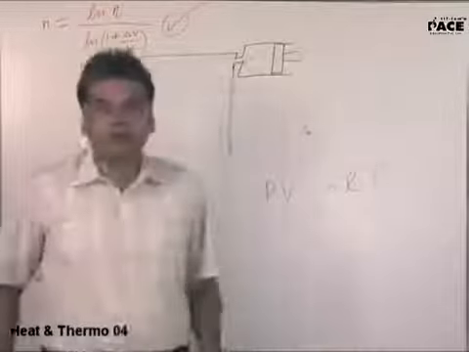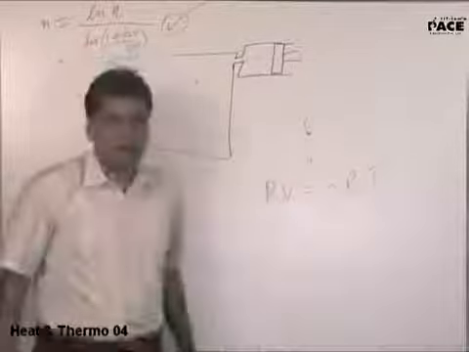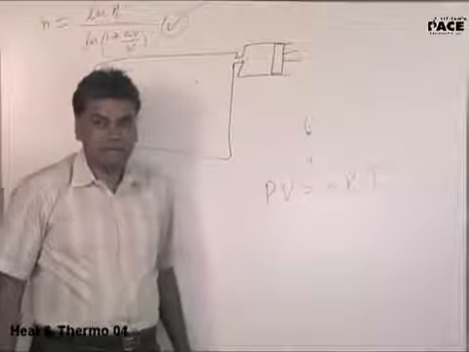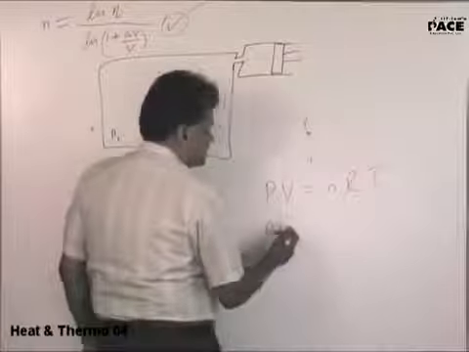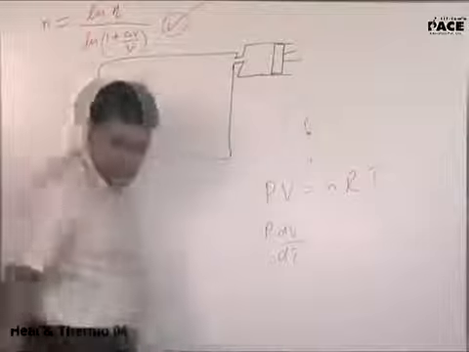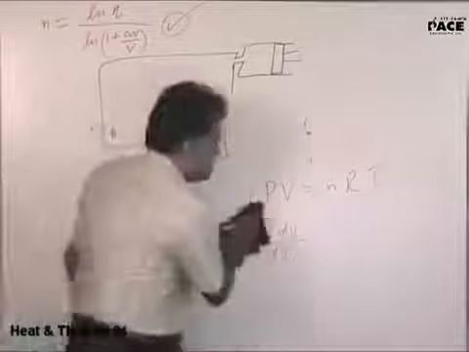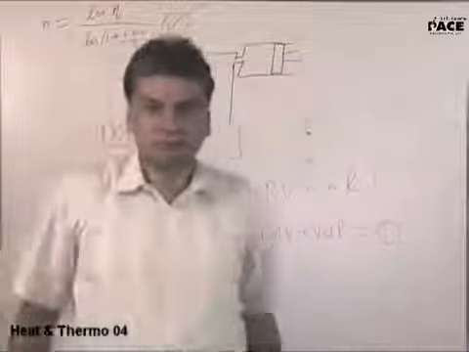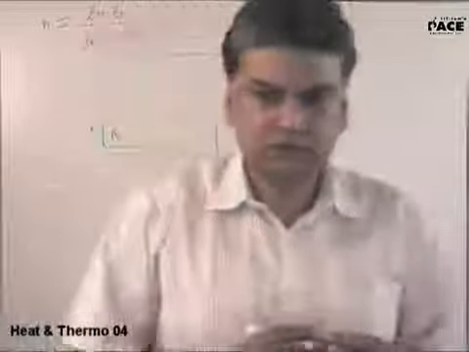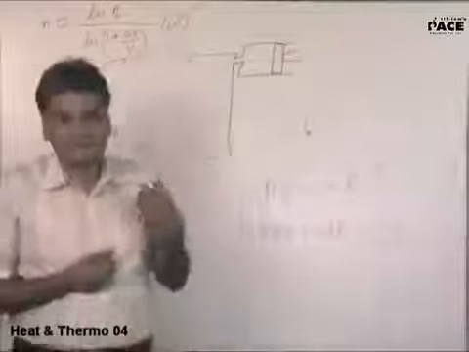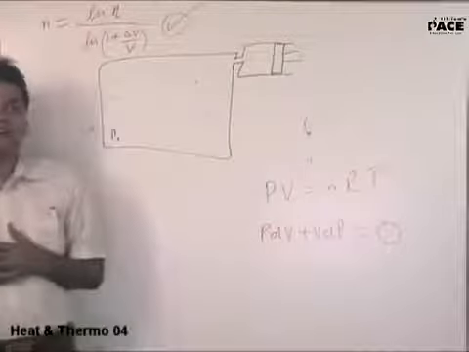Sir, then if we differentiate both sides, we get P delta V equals minus V delta P. Differentiate with respect to this, the differential will be PdV plus VdP equals 0, since your temperature is constant. Sir, now dV is n times dV. We can't do that.